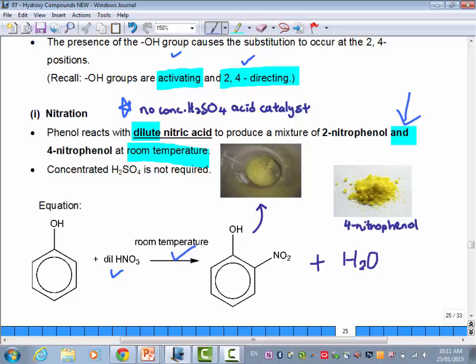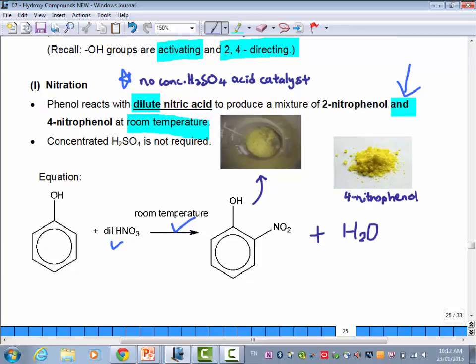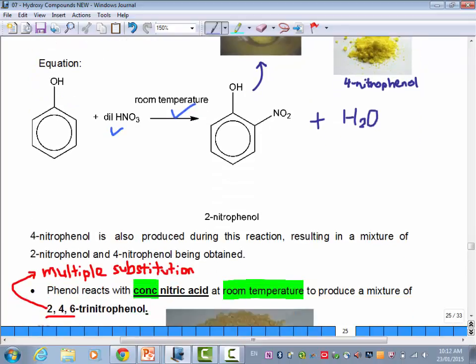For those of you who are interested to know the appearance, both 2- and 4-nitrophenol are yellow in the solid form. So the important thing is to take note, you don't need harsher reagents and conditions anymore. You can use dilute at room temperature.